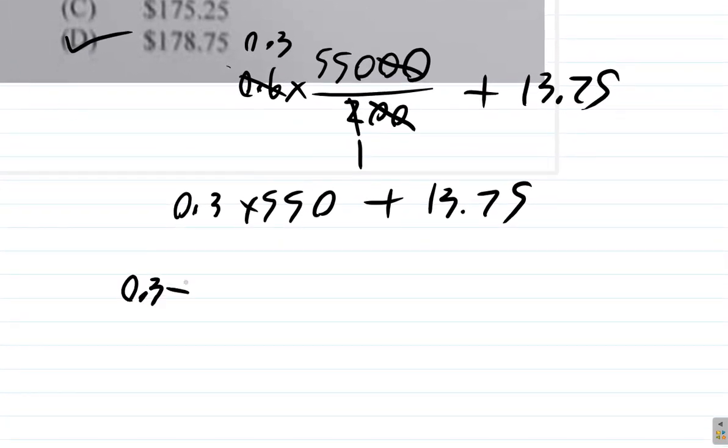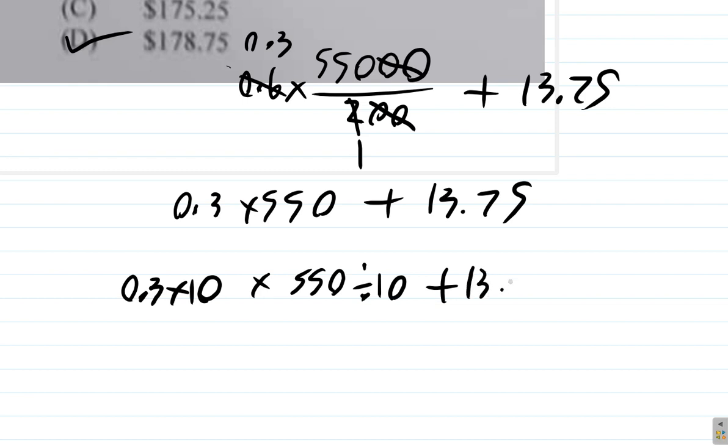So 0.3 times 10, times 550 divided by 10, plus 13.75. The reason why I multiply 0.3 by 10 is that I want 3. I can't deal with the point business because I don't have a calculator. You don't use calculator in paper 1. If you multiply this by 10 and also divide this by 10, that takes care of itself. 550 divided by 10 is 55. So it's 3 by 55 plus 13.75.